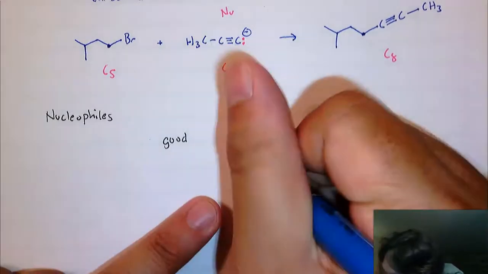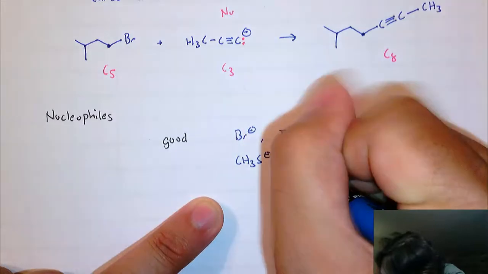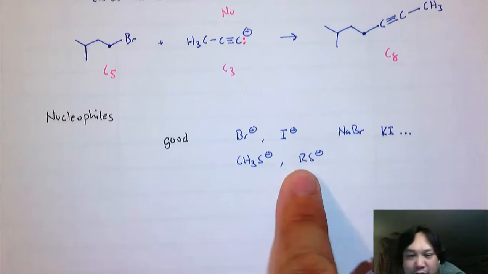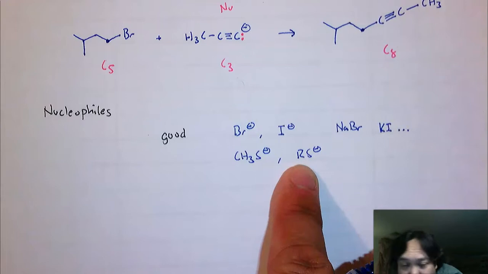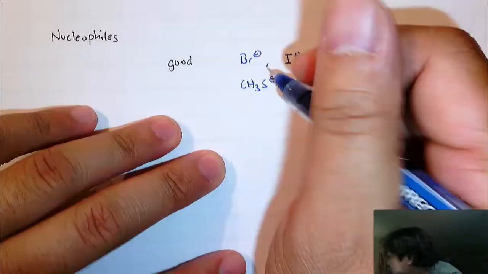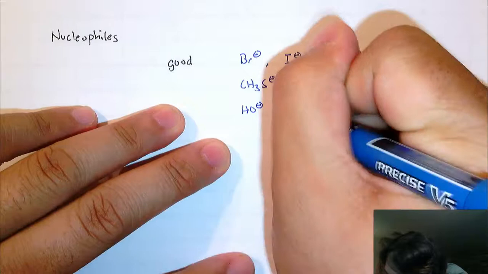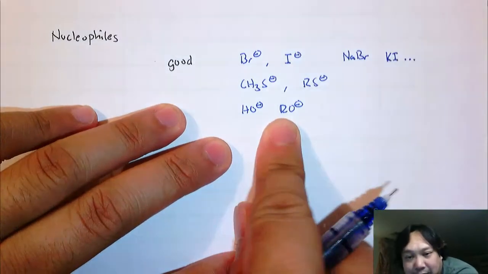Other ones, okay, R being a general term for the rest of the molecule, so this could be methyl, ethyl, propyl, any alkyl group. Next, how about the O minuses and the RO minuses, like methyl, ethyl, propyl, oxide.